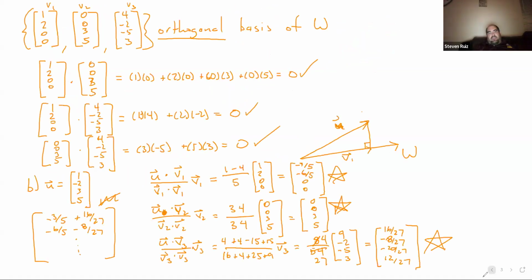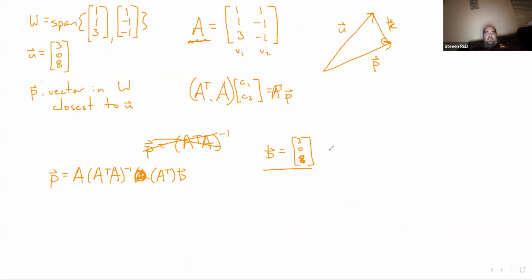In the previous example, we had an orthogonal basis, which opens the door to this dot product approach. The question from the test specifically prohibited us from using the approach we just did here, but it would absolutely work. This approach works for any basis. It doesn't have to be orthogonal, doesn't have to be normalized.